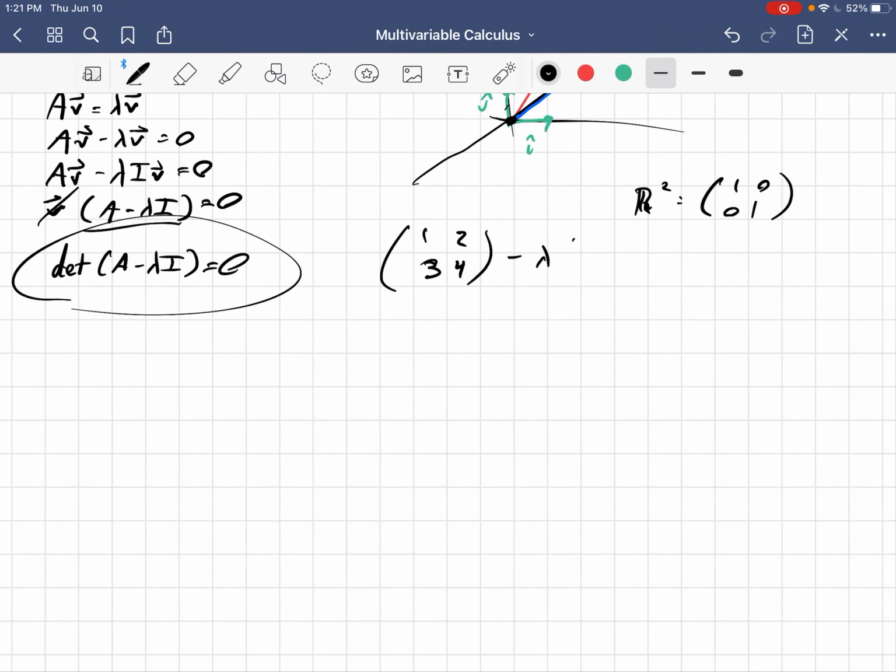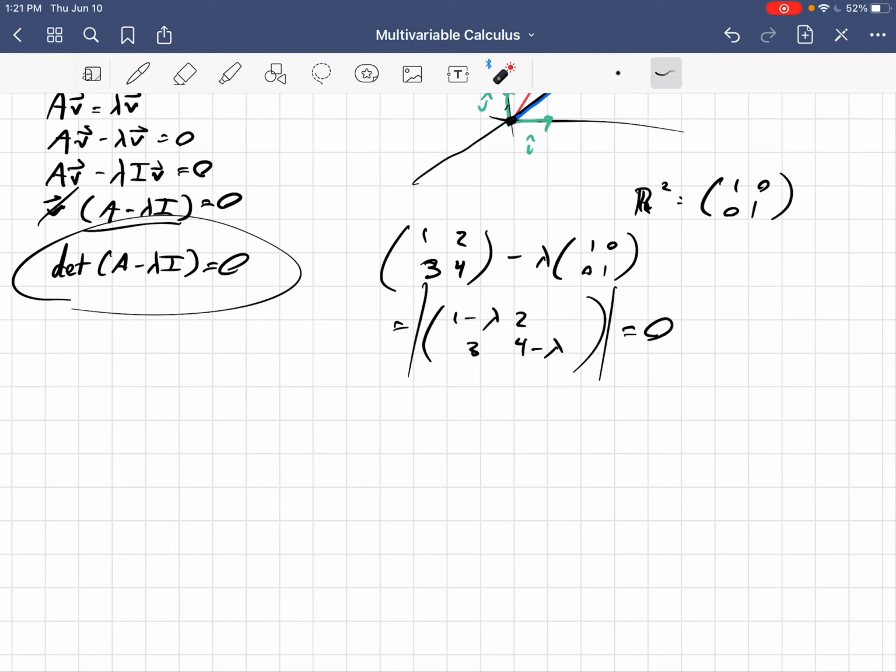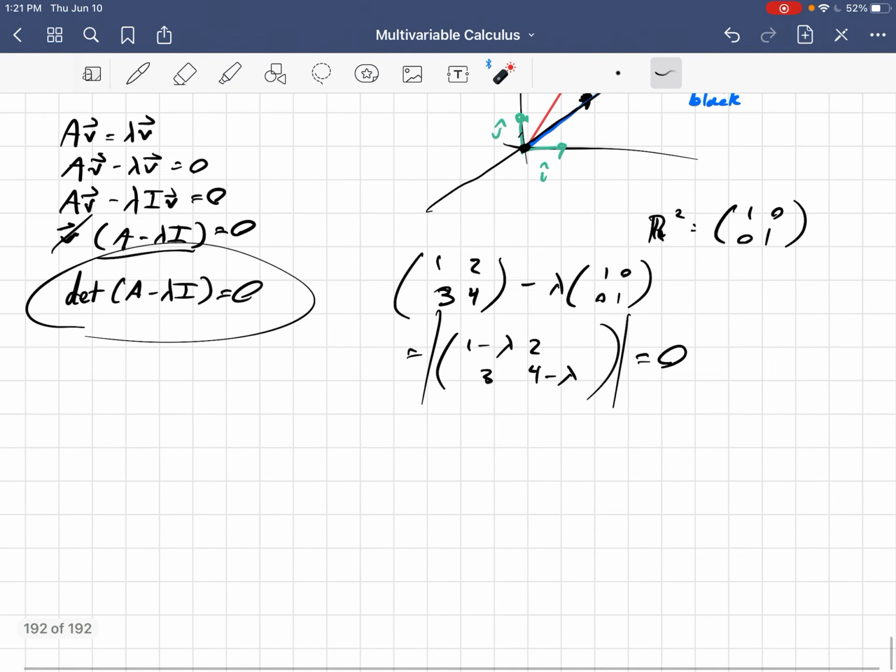So A minus lambda times the identity gives you the matrix 1 minus lambda, 2, 3, 4 minus lambda. You set the determinant of it equal to 0. So all you have to do to calculate eigenvalues is subtract lambda along the main diagonal, and then you get a polynomial equation in lambda, which you set equal to 0.